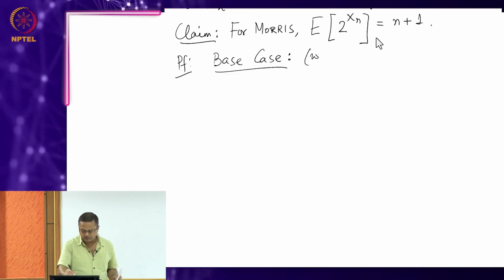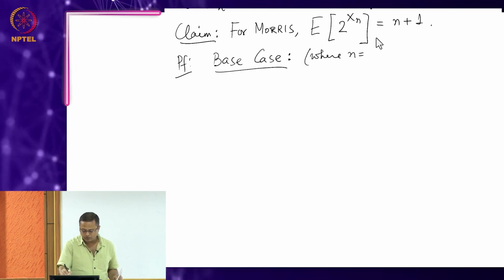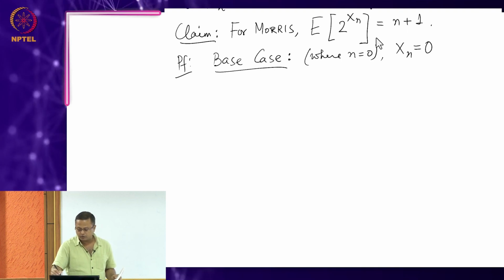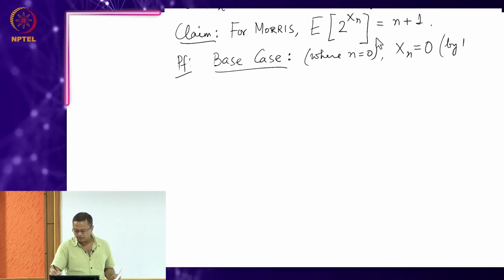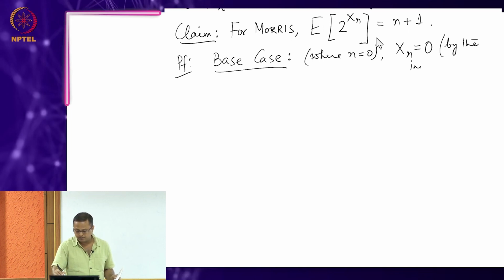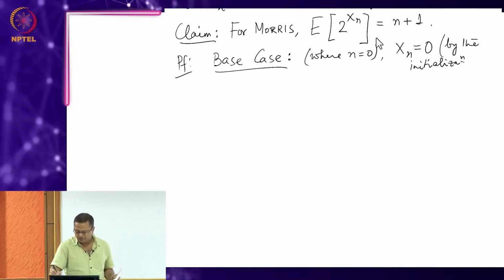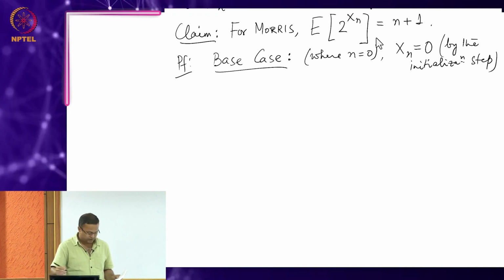Base case is where n equals 0, x_n equals 0 by the initialization step. I told you that I would use this initialization step for the base case of my induction.